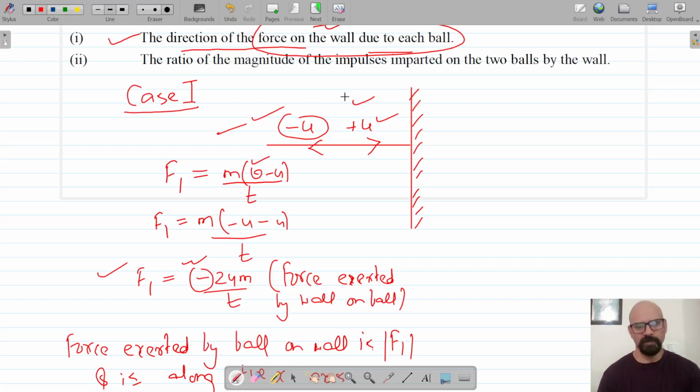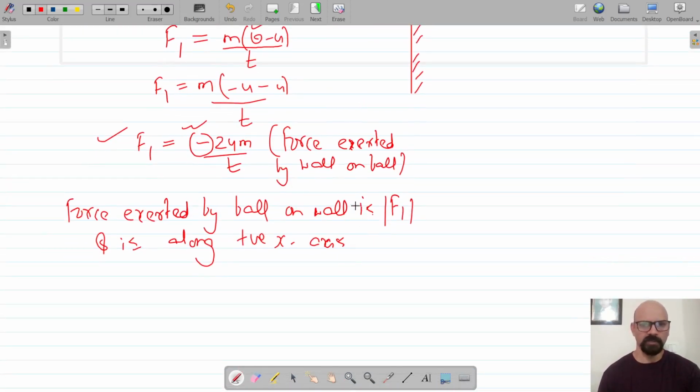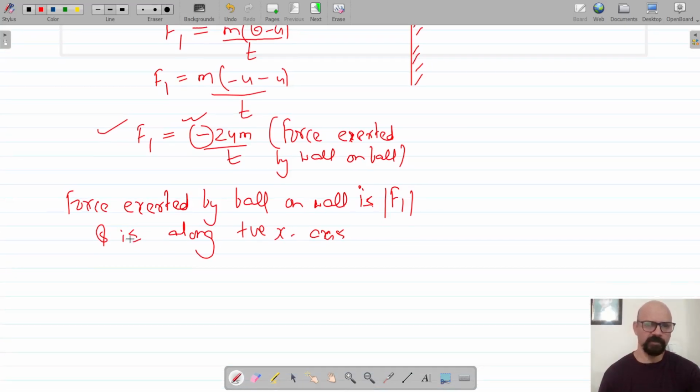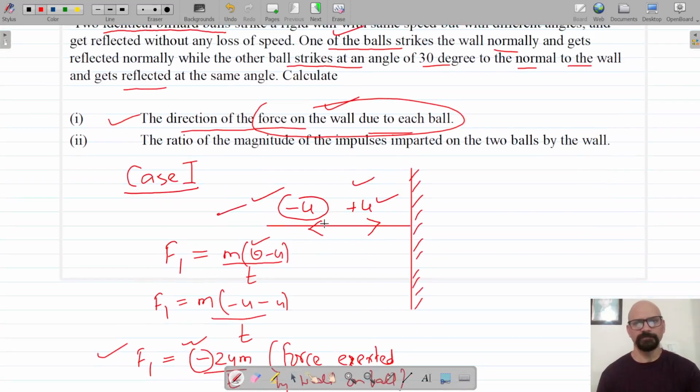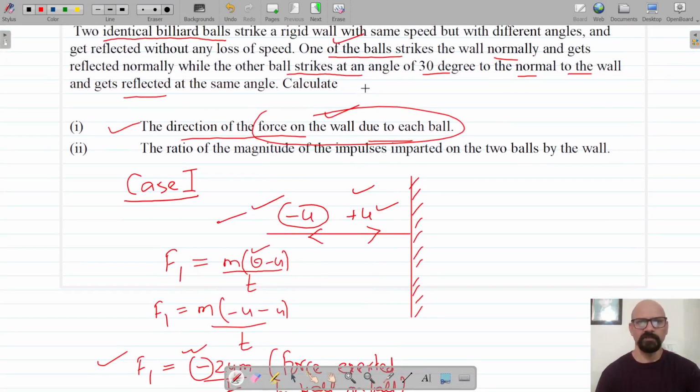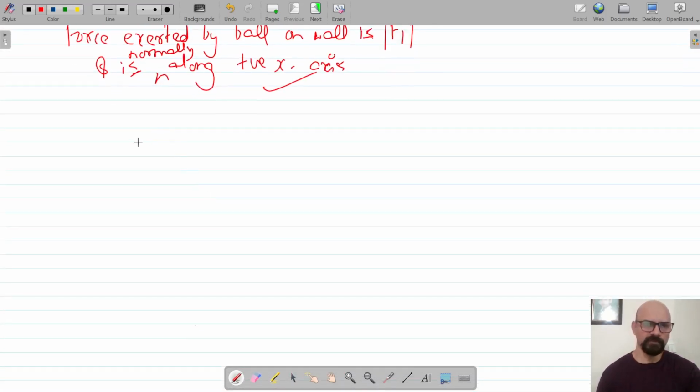So the force exerted on the wall is normal to it, F1, along the positive x-axis.